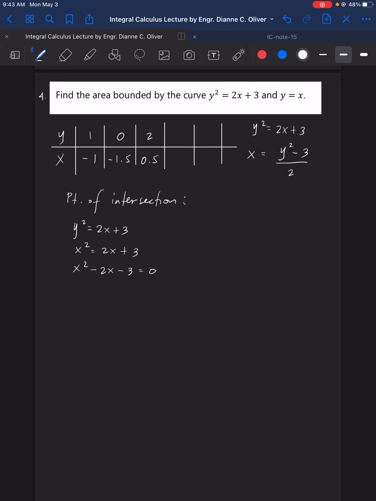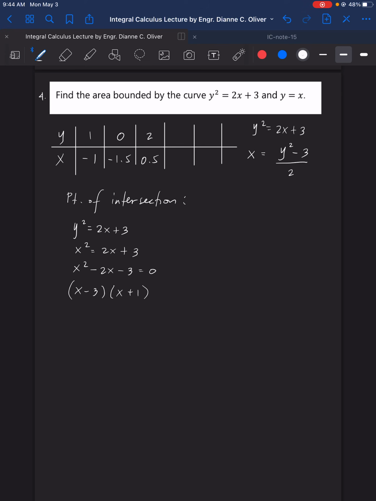Therefore, because we have here negative 3, 1, we have there x minus 3, then x plus 1 as the roots.